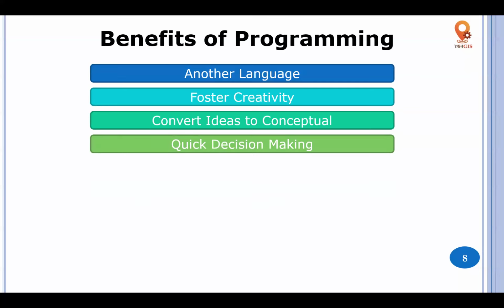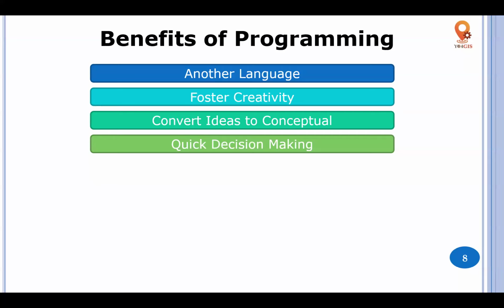Quick decision making. What is the meaning of quick decision making? If you want to take any decision, definitely you require some facts, some historical data. Based on that we can take a decision. So whenever we ask for quick decision making, it depends on how quickly you are getting the data.